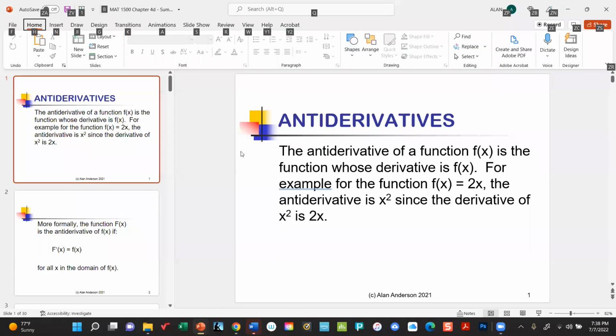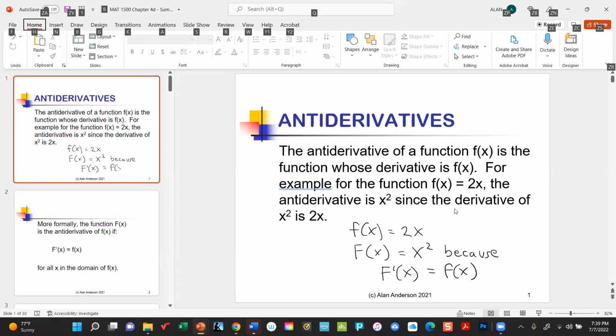So antiderivatives. The antiderivative of a function f of x is the function whose derivative is f of x. So here's another example. If f of x is 2x, the antiderivative, which we'll express like this, is x squared, because F prime of x equals f of x.